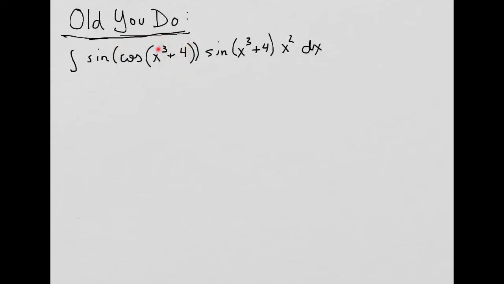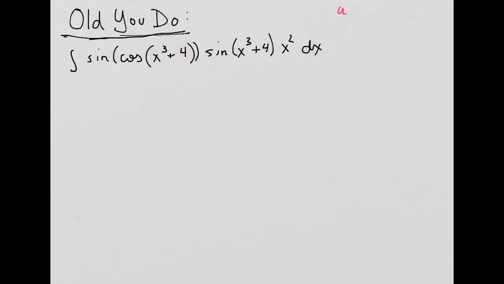However, x cubed plus 4 is the most inside of this. And so we're going to do the double u substitution, and then I'll show you what I mean by that. You don't need to do it twice. But let's just say that this x cubed plus 4 is our u.